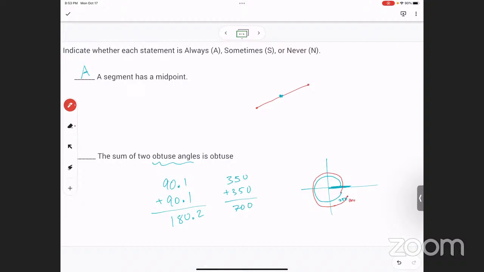Right? But the reference angle would be this angle right here. Okay. But that's not what they're talking about. They're still talking about that angle, which is still obtuse. So yes, I would say always.